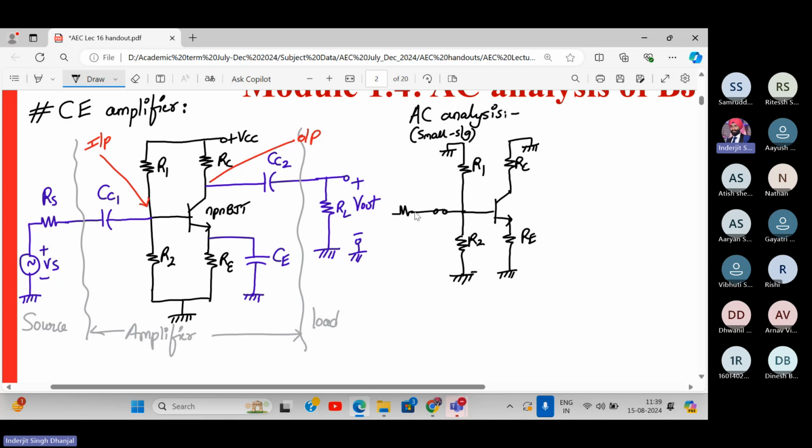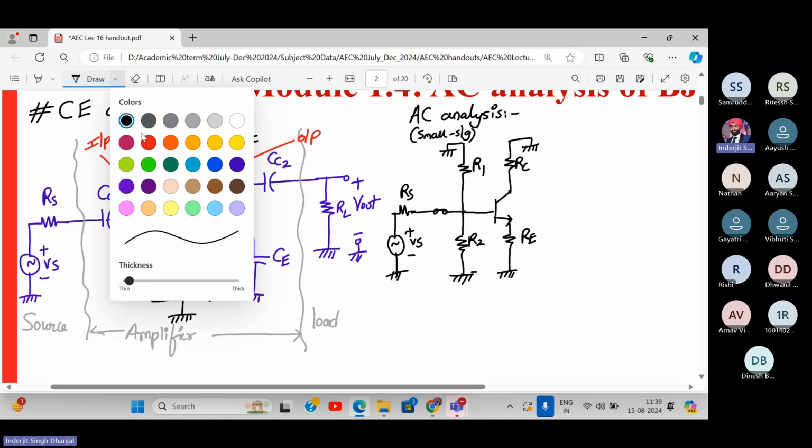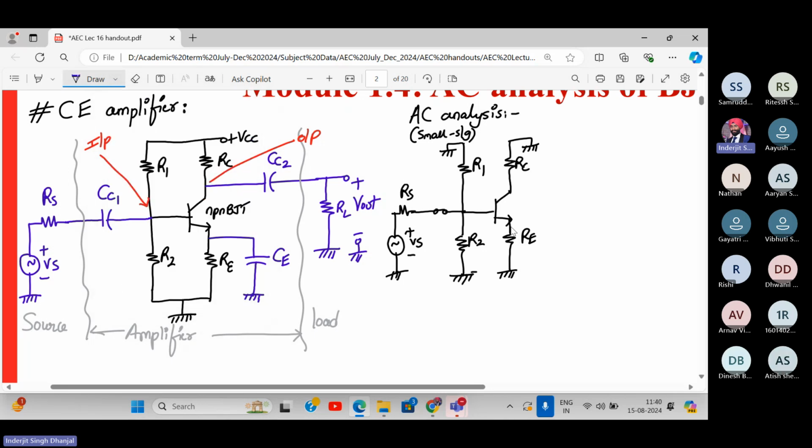Then we'll have RS and supply VS. And here we'll have the emitter terminal going to the ground. And here we'll have output. This again a capacitor, RL. Here is my V out. Okay. I think we have already drawn this.